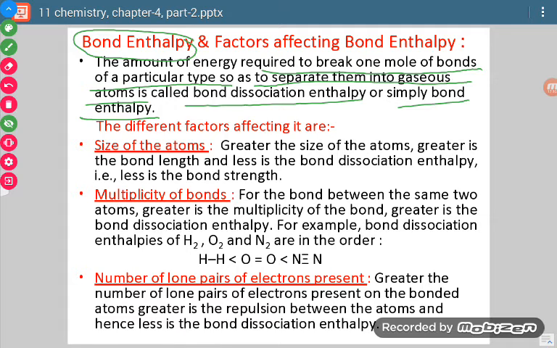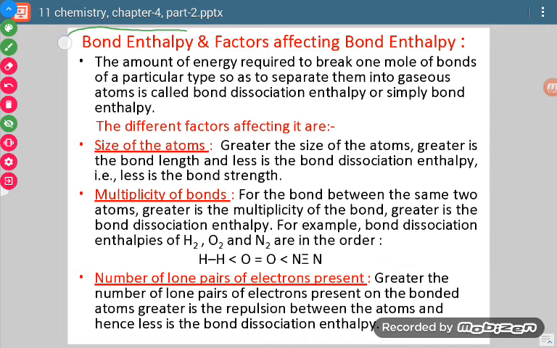The energy required to separate these bonded atoms into gaseous state atoms is called bond dissociation energy or bond energy. Bond energy depends on 3 factors: size of atom, multiplicity of bonds, and number of lone pairs. In simple wording, we have to break a bond, and whatever energy is required is called bond energy or bond enthalpy.